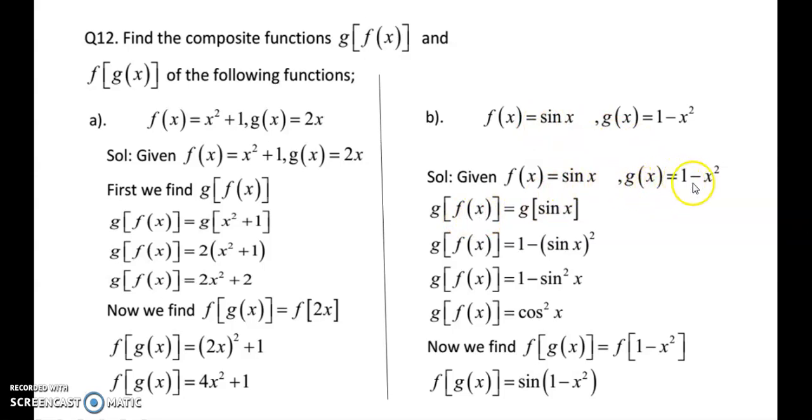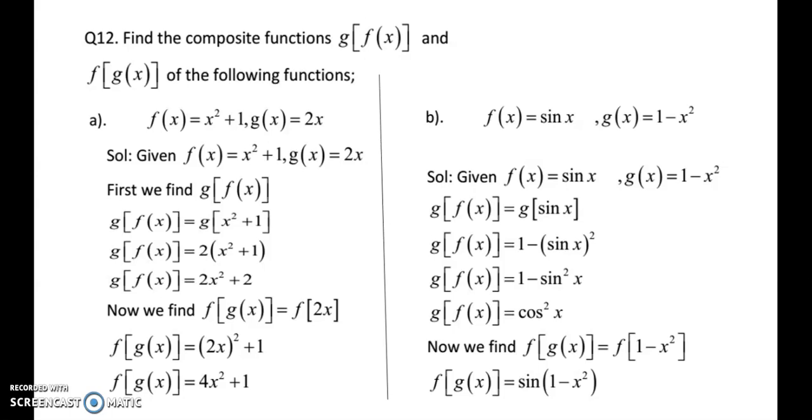g function is 1 minus x square. So its input is sine x. So instead of x, we'll be writing sine x, square, because in the function it was 1 minus x square. After applying square, it will be sine square x. You know that the trigonometric identity says that sine square theta plus cos square theta equals 1.